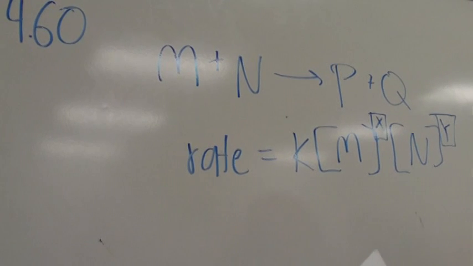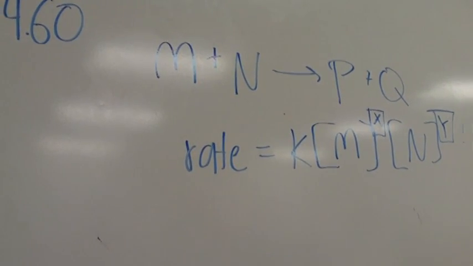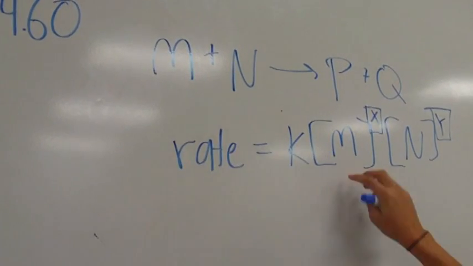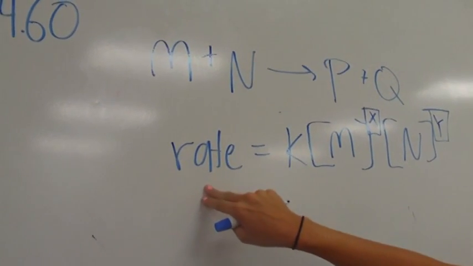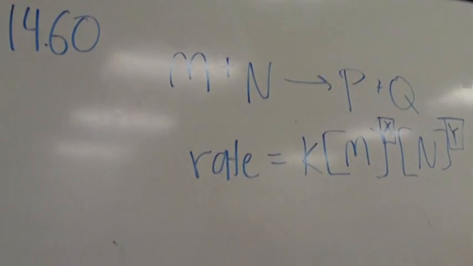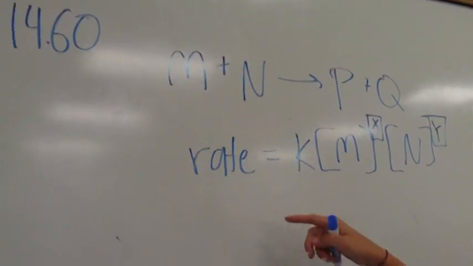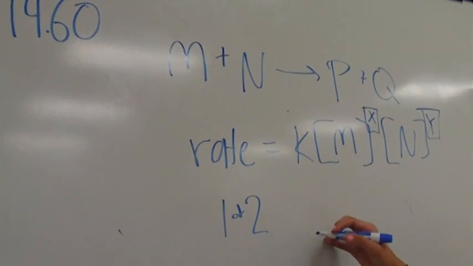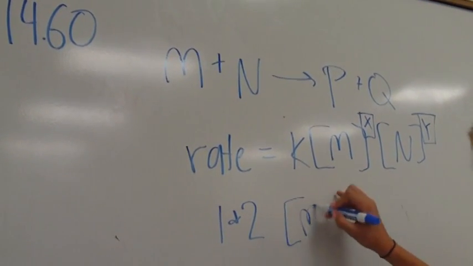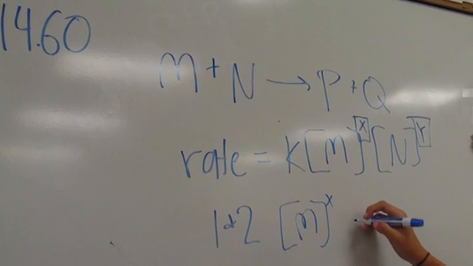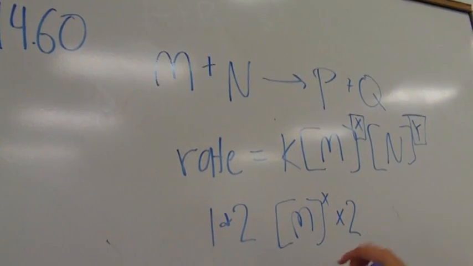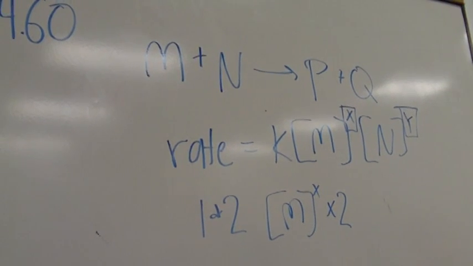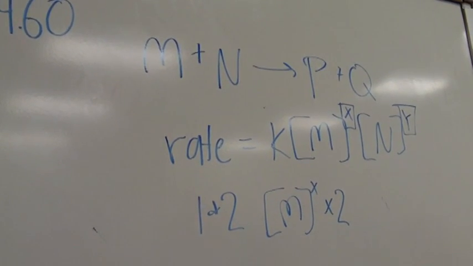So all we have to do is compare how changing the concentrations changes the rate in the table. If we look at the first two, 1 and 2 on the table, our concentration of M doubles, so it is multiplied by 2 between numbers 1 and 2. It goes from 0.01 to 0.02, right?